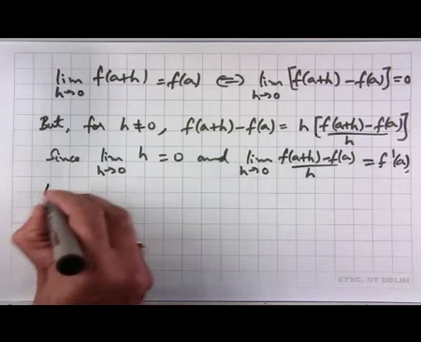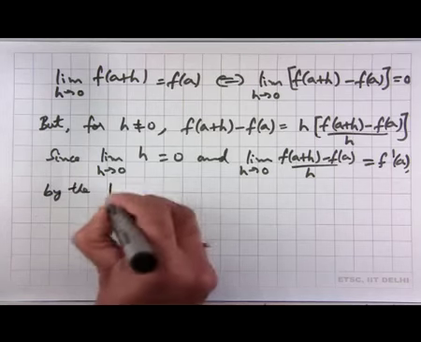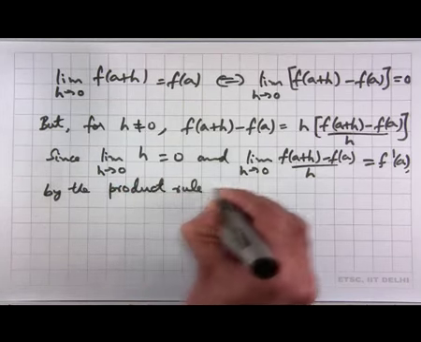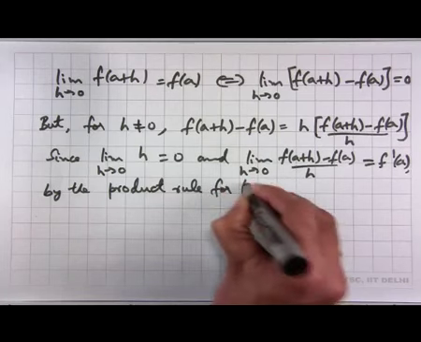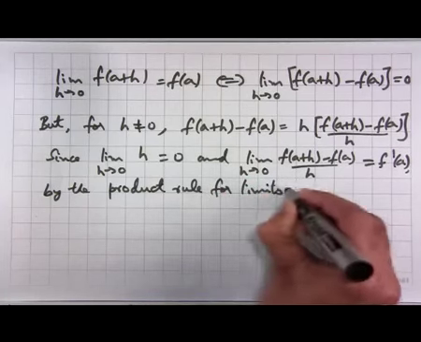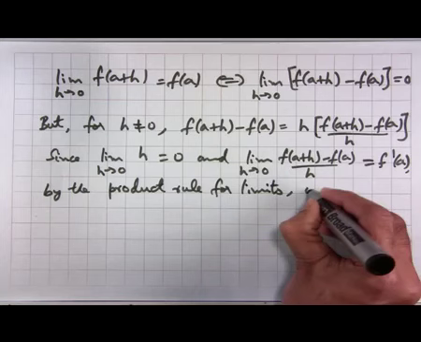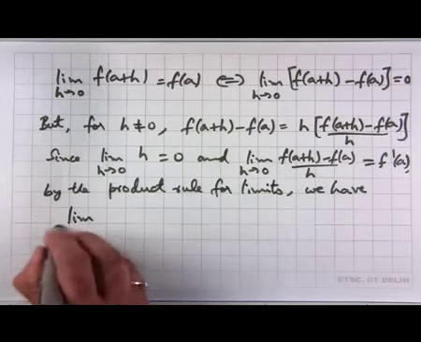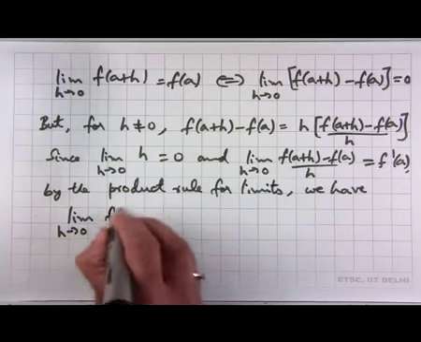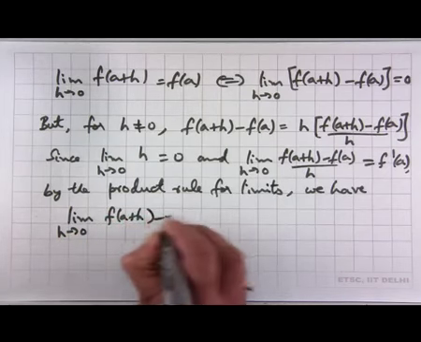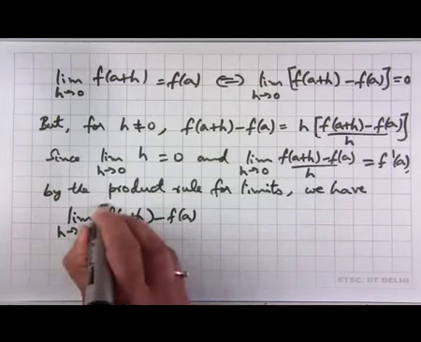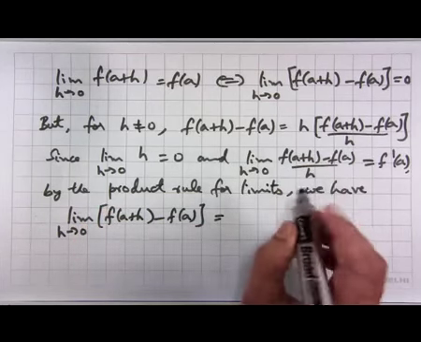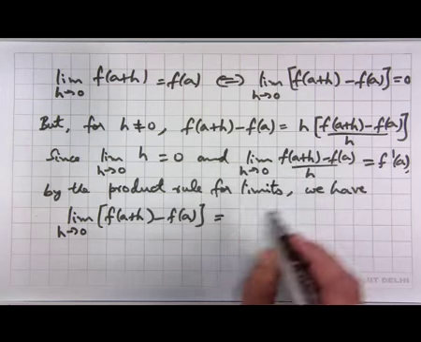by the product rule for limits, we have the limit of h going to 0 of f of a plus h minus f of a. If the limit of both the functions exists, then the limit of the product is the product of the limits.